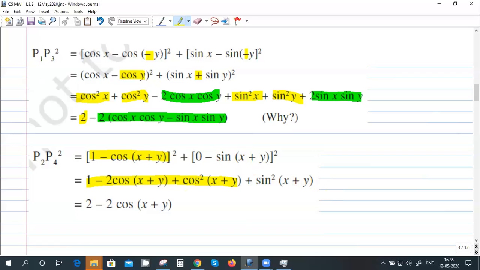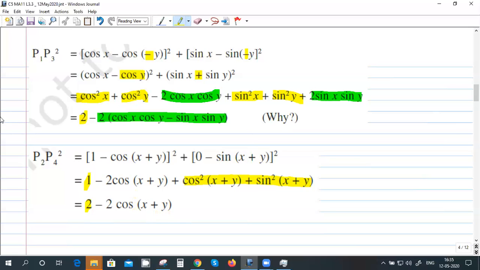And then again there is one sin square plus cos square. Sin square of any angle plus cos square of the same angle will be 1. So there is one, and there is one more one here. That will give 2, and the rest you have to drop.